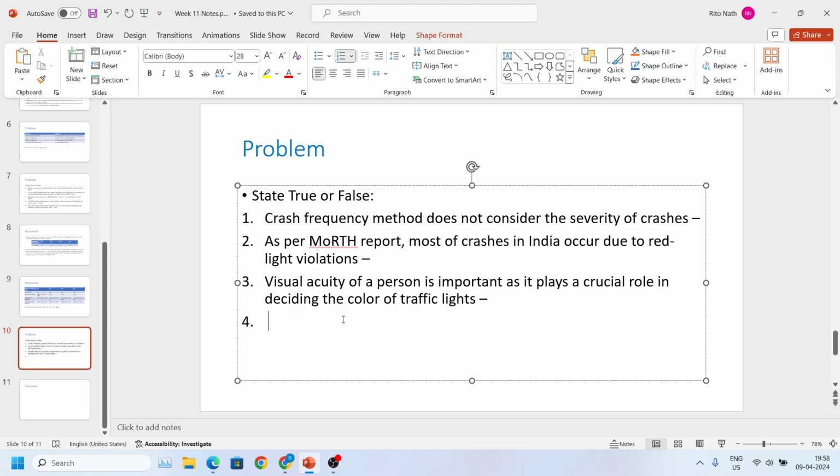Then we have the fourth one: increased parking fees may help to bring down on-street parking demand. So these are your four questions. Try this out and you can tell me the answer in the chat.